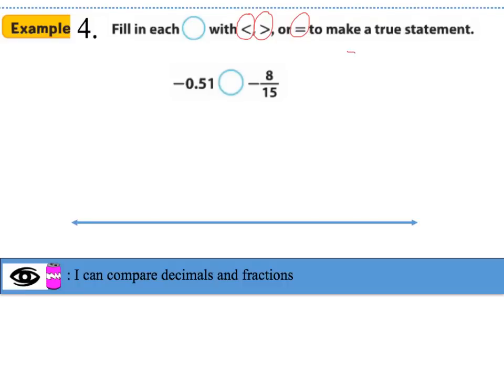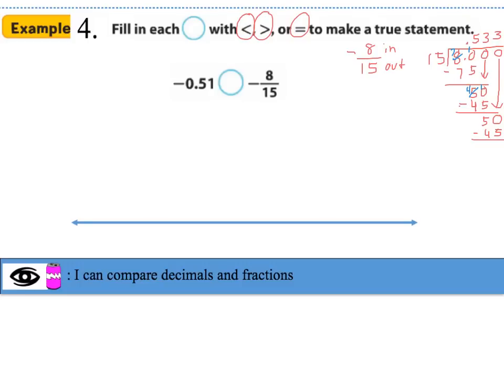So I'm going to use -8/15, and I'm going to use the in and out method. So after using in and out, I know that the fraction -8/15 is equal to -0.53 repeating. So I'm going to go ahead and write -0.53 repeating under here.